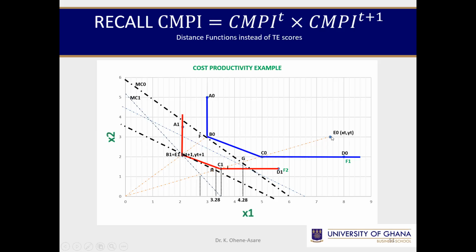Now the same thing, when you look at this one, again, it's going to be the distance between the cost boundary and the production boundary. So if you look at this, the E naught, the E0, is in the production frontier, and the boundary for that is C naught. And then the boundary for that year 0 is J. All of them are in year 0.